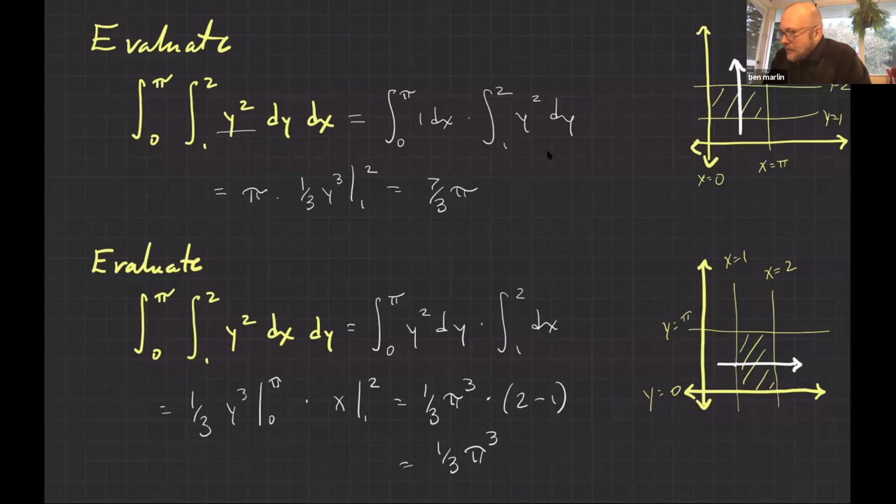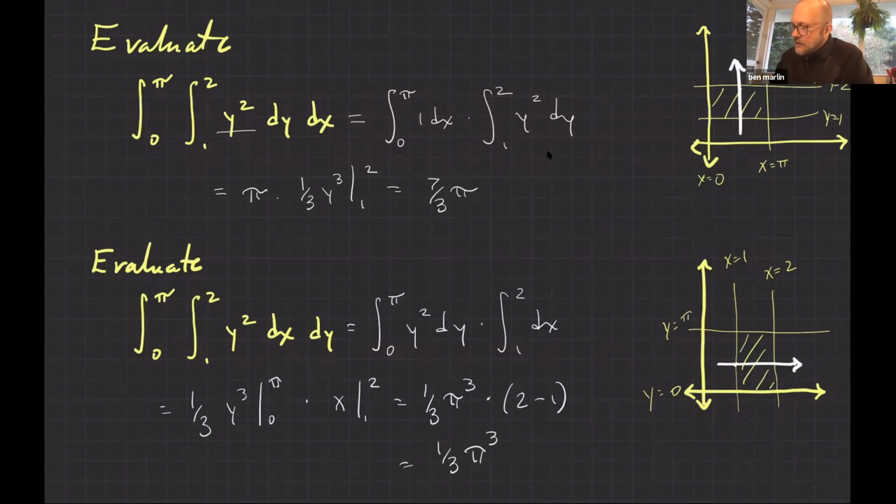Whereas if we talk about 7/3 of pi, we're going to get like 7 or 8. So I need you to notice that when we swapped which was the x and which was the y, when we swapped which was the inside integral and which was the outside integral, we got totally different values because we were talking about totally different regions, okay? So the actual integration is really a mechanical process.